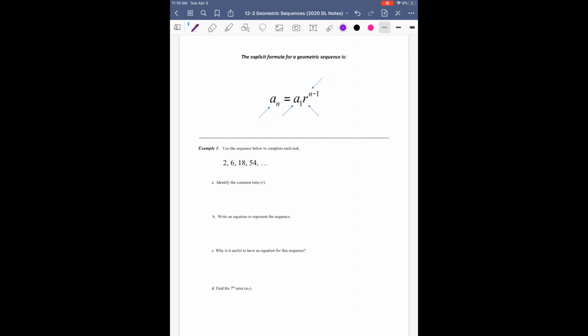Similarly to the arithmetic sequence, this is going to be given on your reference table or your reference sheet, so you do not need to memorize it. You just need to know what each variable represents so you're able to use it appropriately. So if you want to write yourself a little note, this is going to be on your reference sheet. So for any test or the Regents exam, you will have this able to use.